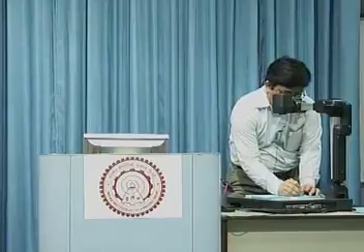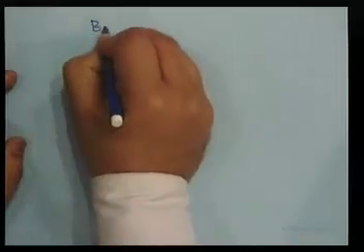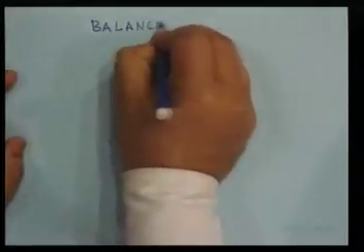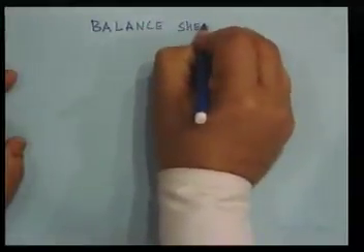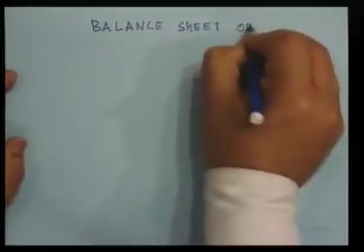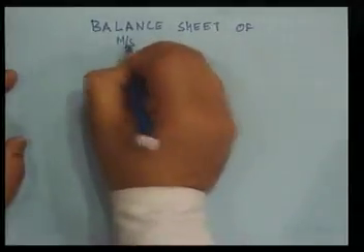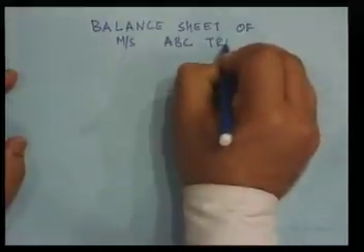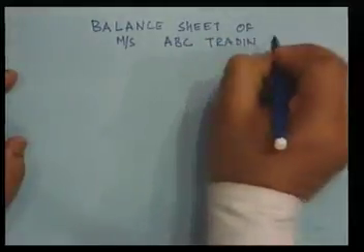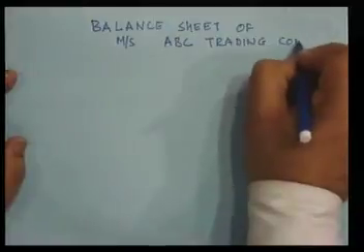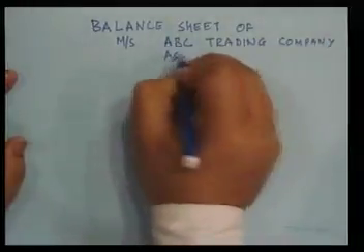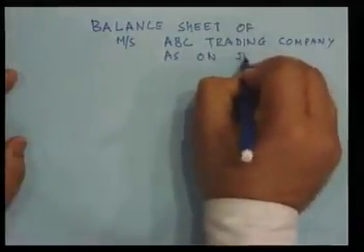So, what we do here is, I write in the beginning itself: balance sheet of Messrs. ABC Trading Company as on July 1st.